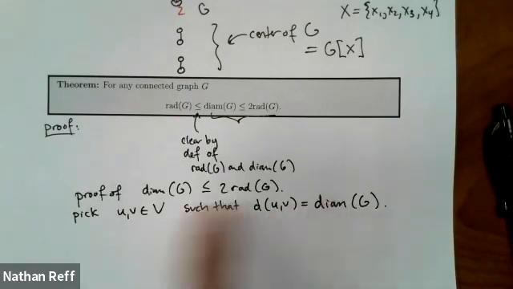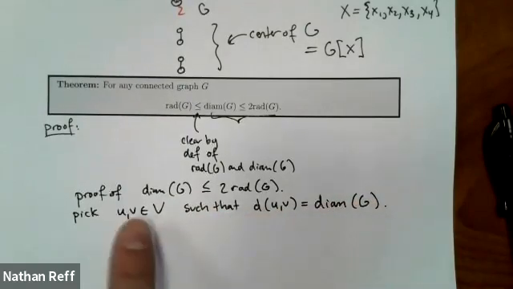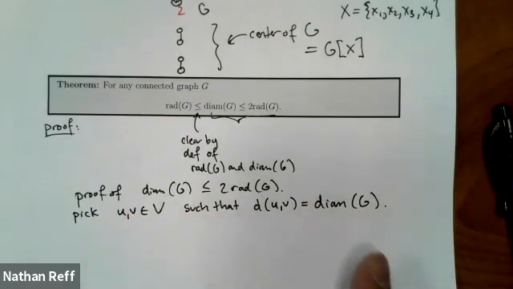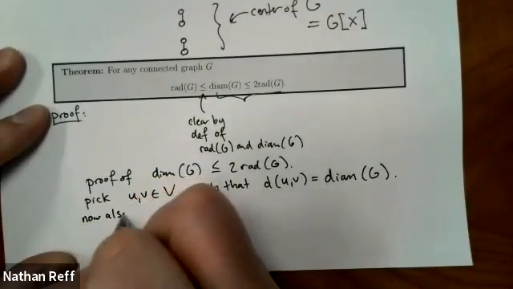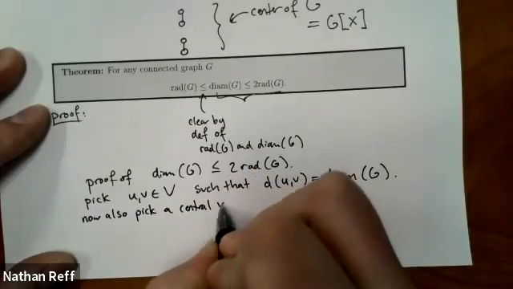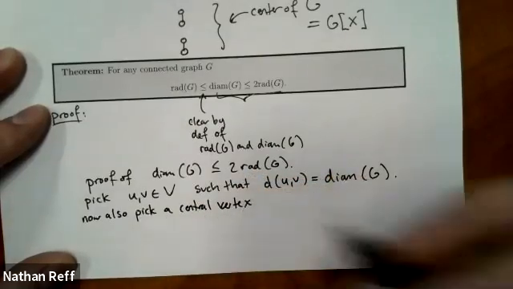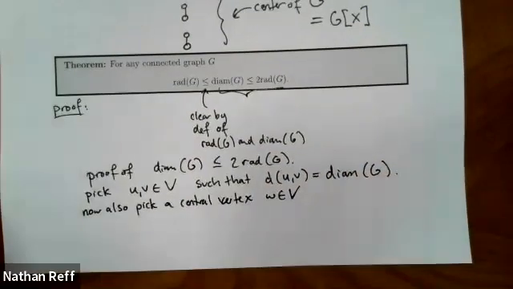There may be many pairs, but you just pick a pair where that's true. Now, what can we say? Now, also pick a central vertex. Let's call it W, in your vertex set.